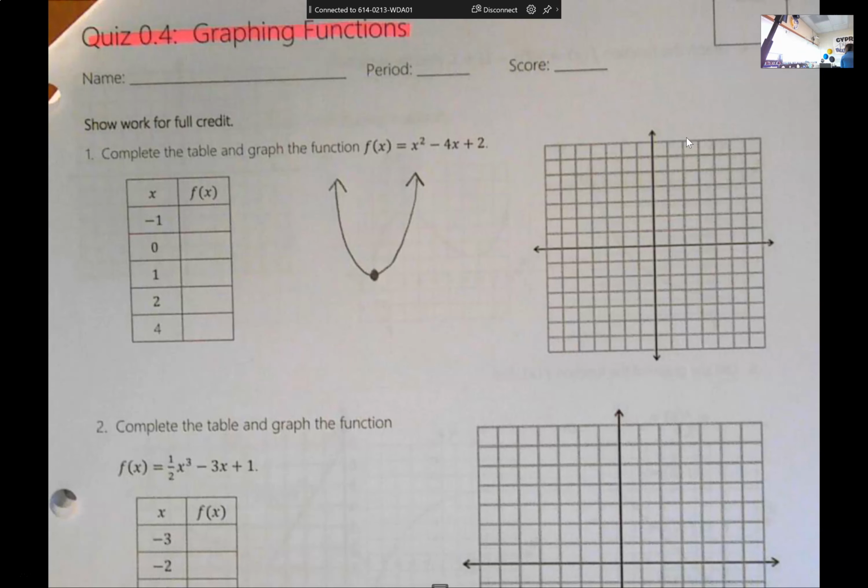Roughly 30. See, I was right. Also, we talked about in these notes how you don't have to stop there.